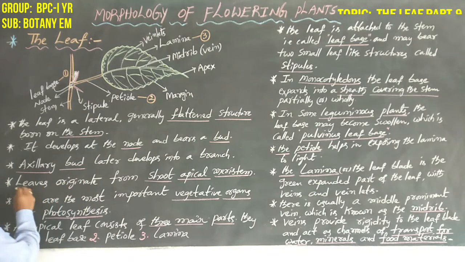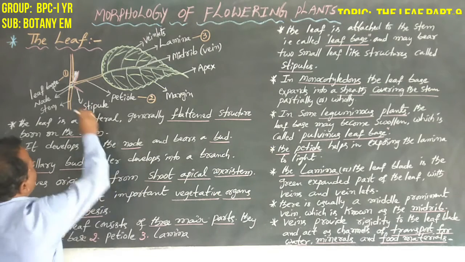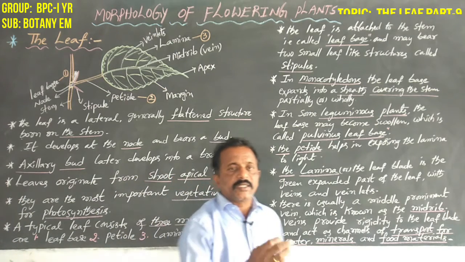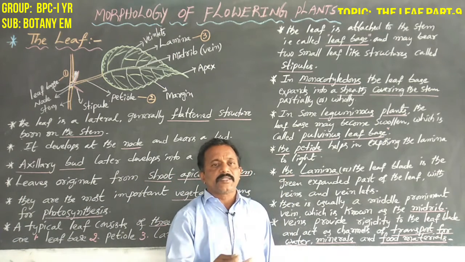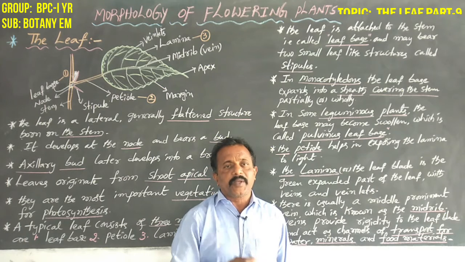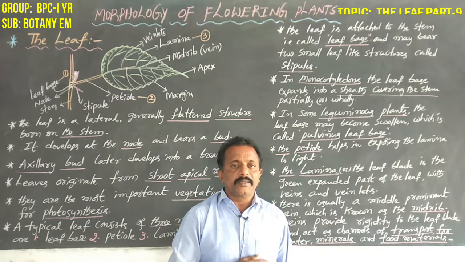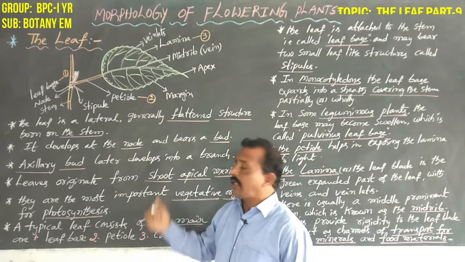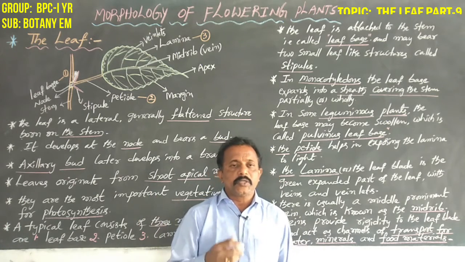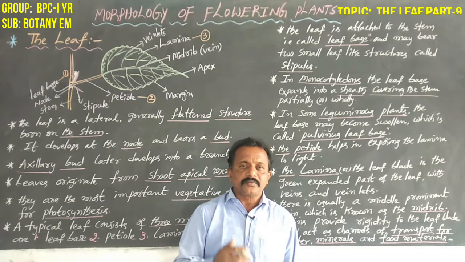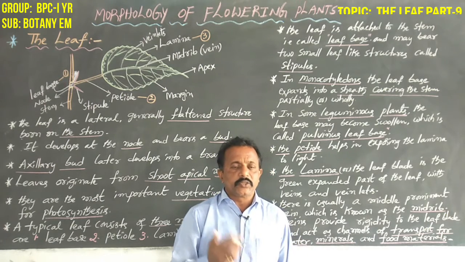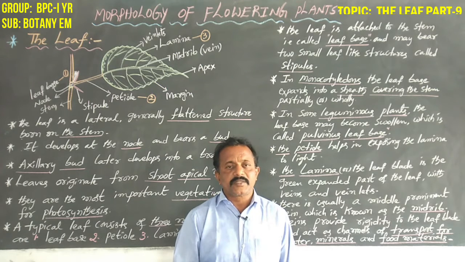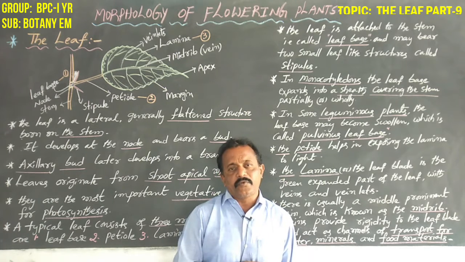Next, leaves originate from the shoot apical meristem. Roots always originate from the root apical meristem, but stem and leaves always originate from the shoot apical meristem. The shoot apical meristem develops the shoot system, that is stem, branches, leaves, flowers and fruits.